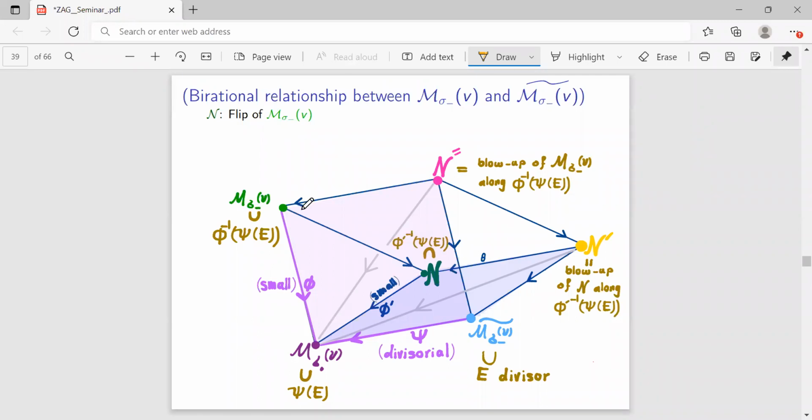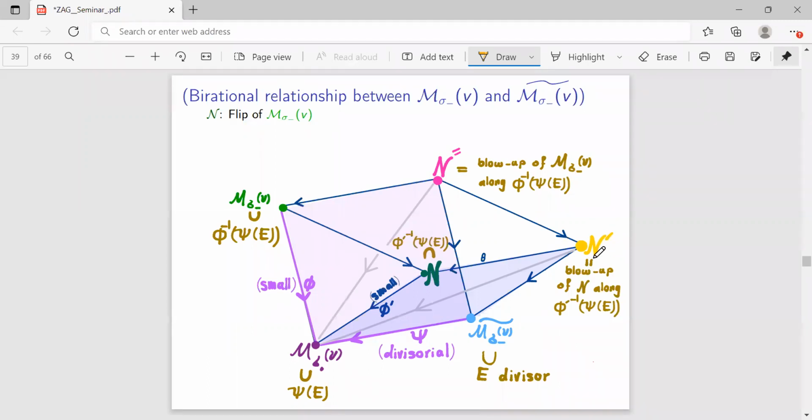Then we play the same game, this time with this N. Again, we start with this exceptional divisor, and we look at the image of this, and then we again look at the inverse image under this small map this time, to get this locus inside the flip. And then again, you can blow this up along this locus to get N prime this time.